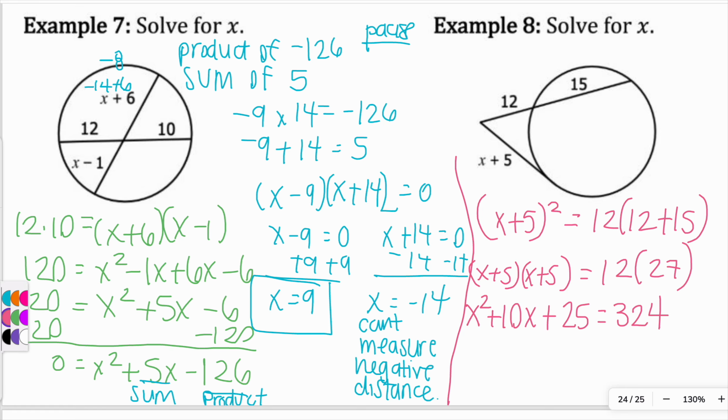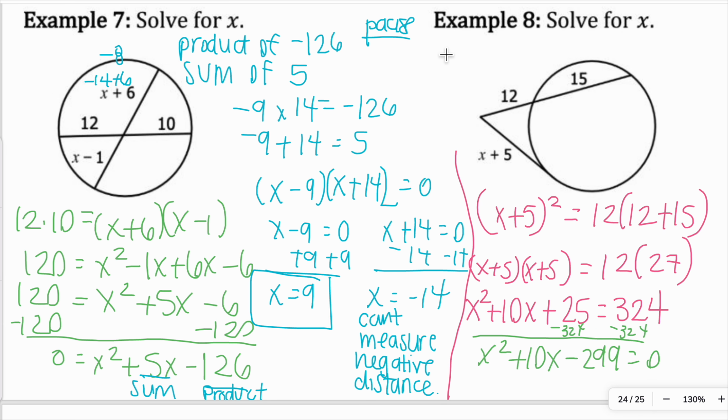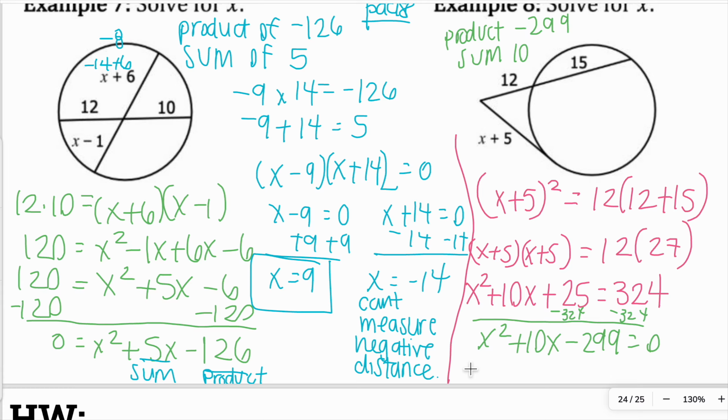Subtracting 324, I'm going to get x squared plus 10x minus 299 is equal to 0. And again, I'm looking for a product of negative 299, but with a sum of 10. Those two numbers are going to be negative 13 and a positive 23.